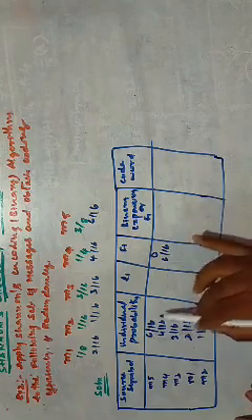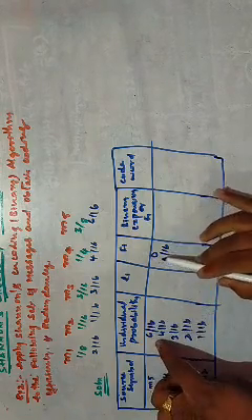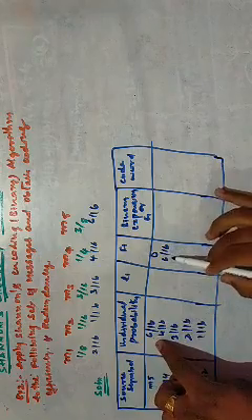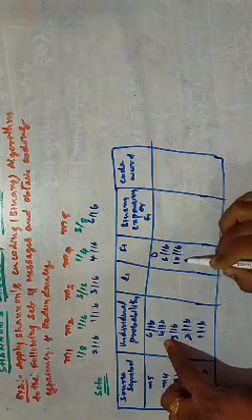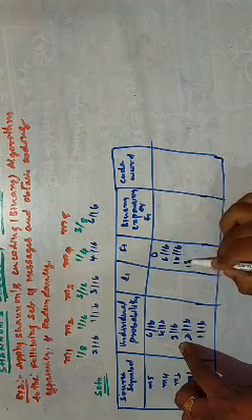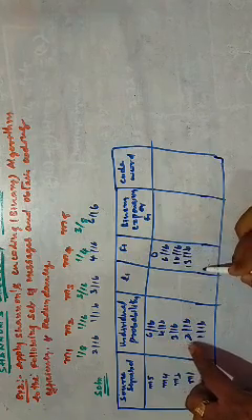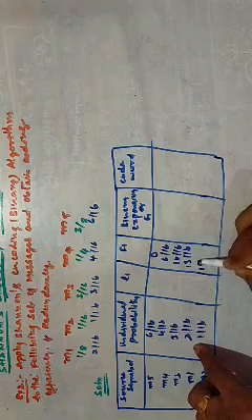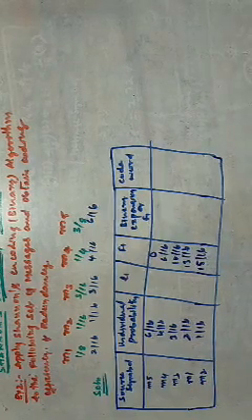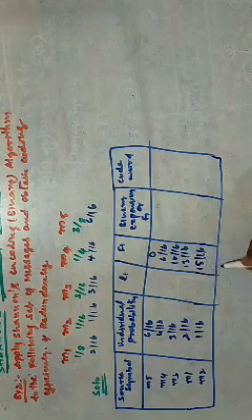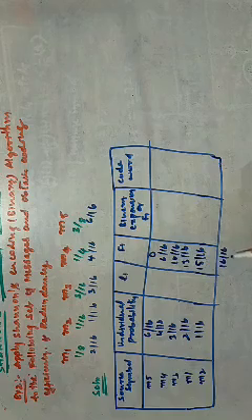Simply, you can add 0 plus 6 to get 6 by 16, 6 by 16 plus 4 gives 10 by 16, 10 by 16 plus 3 gives 13 by 16, 13 by 16 plus 2 gives 15 by 16. You are adding the respective probabilities, and if I add all of these, I get 16 by 16, which is equal to 1.